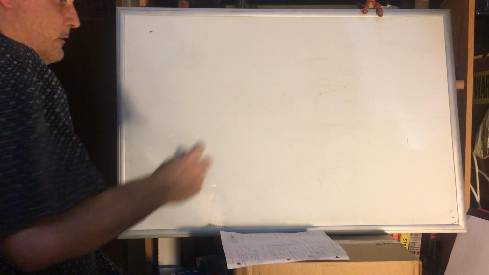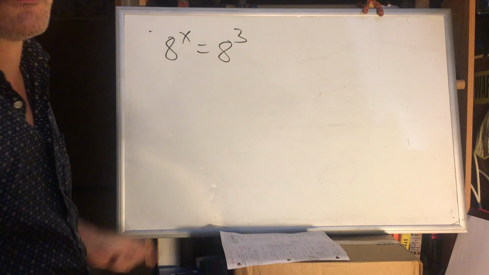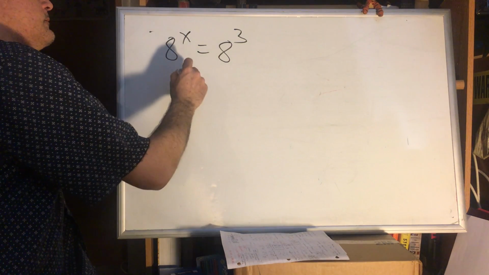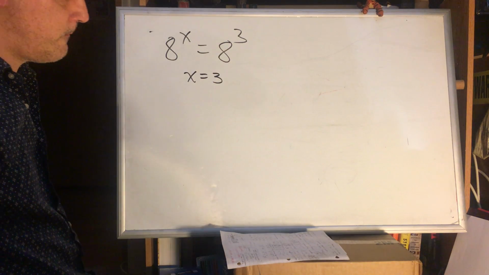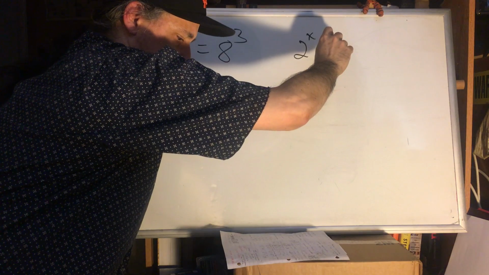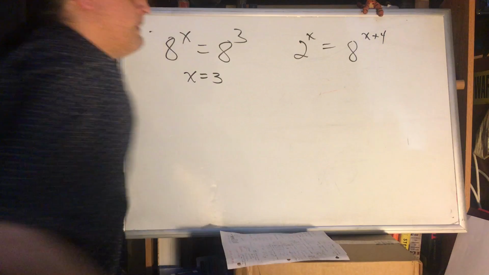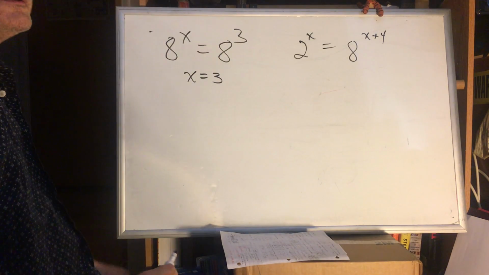Okay, and so now if we're solving equations, and we have the same base, we can just put the exponents equal to each other. If we're solving equations and we don't have the same base, then we got to do a little bit more. Sometimes we can get the bases equal to each other.